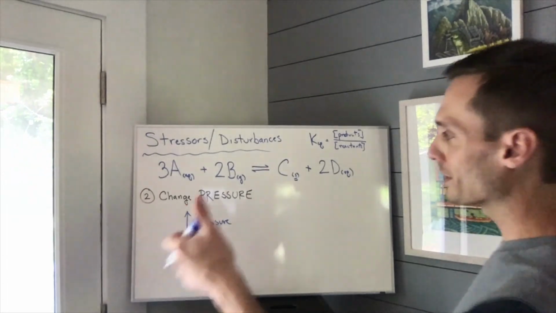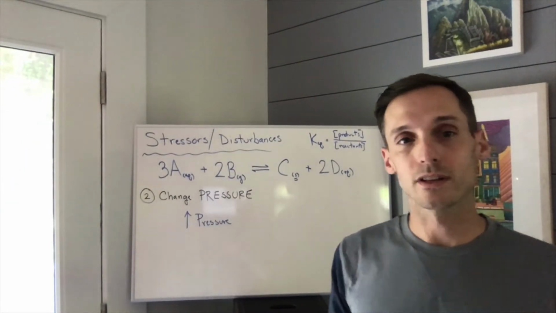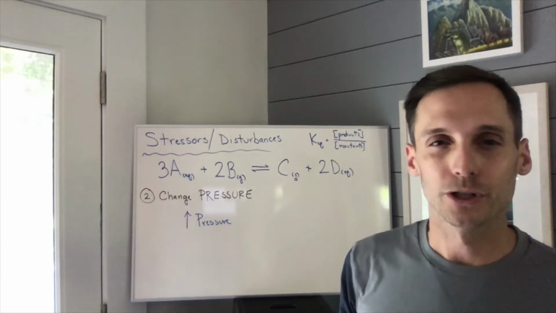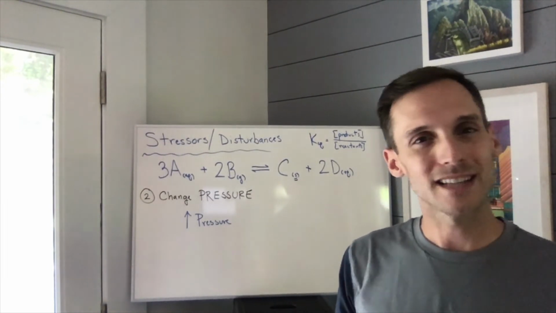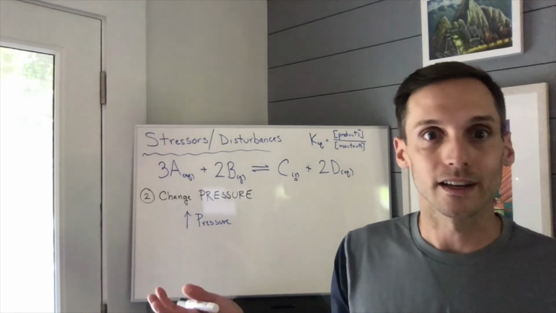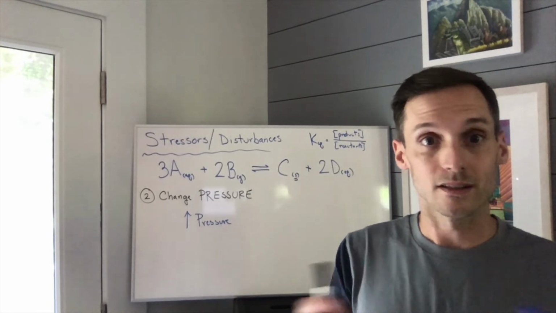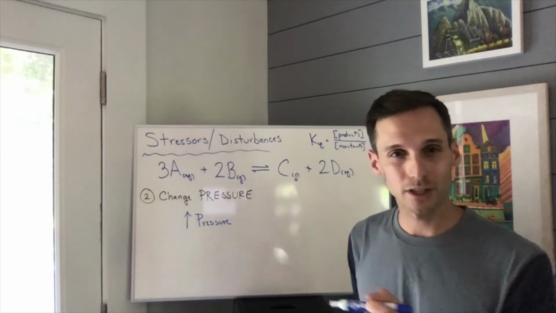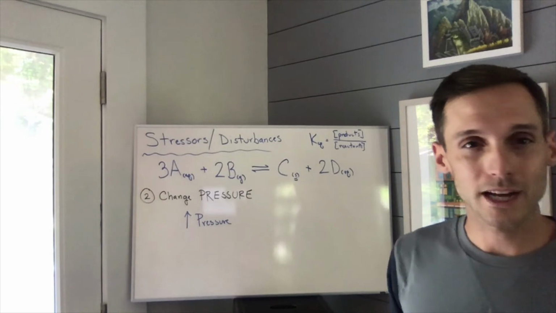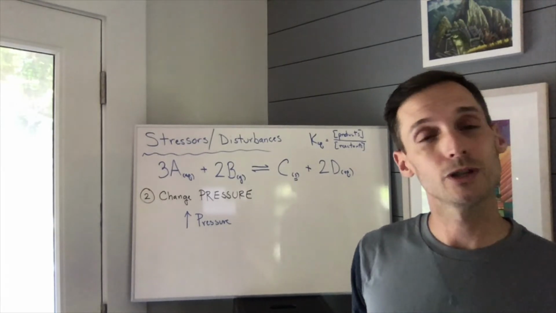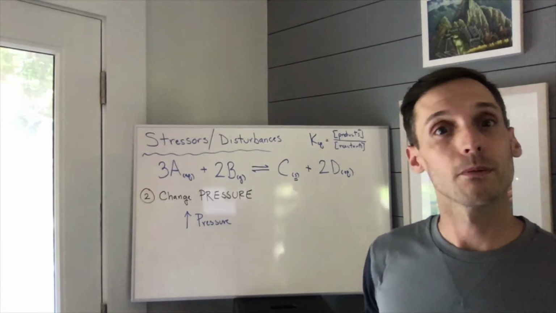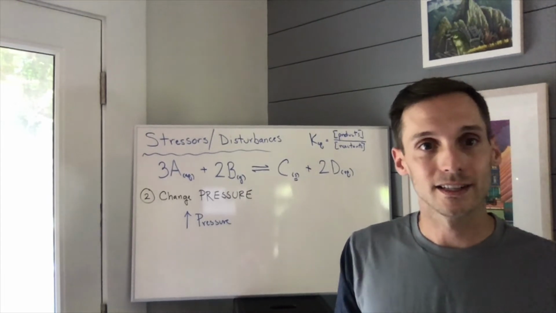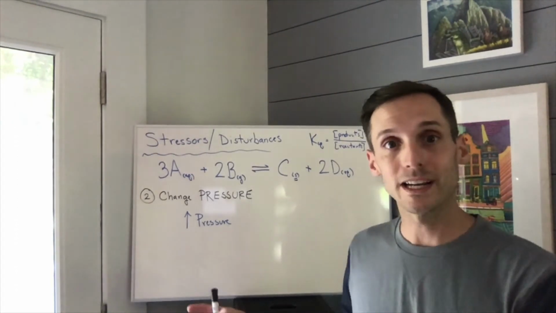But if we increase the pressure, what this reaction is going to do is it's going to shift away from producing gas, right? Because that's what is causing the pressure from the system, is all of the gas that's created. So if you increase the pressure at which you're completing this reaction, the reaction itself is going to shift away from producing gas.